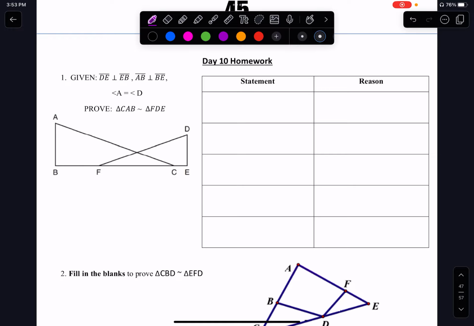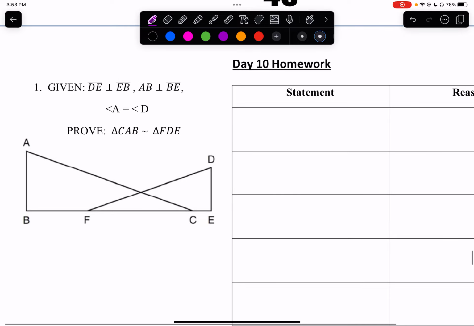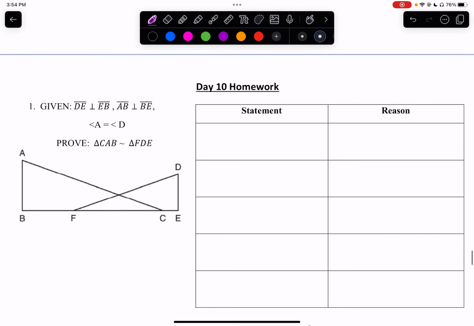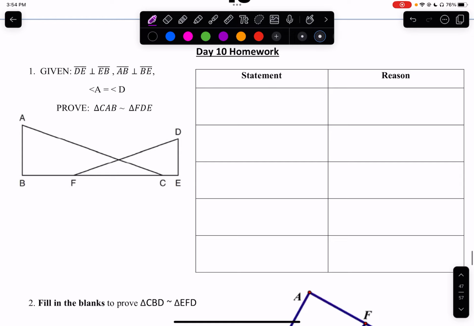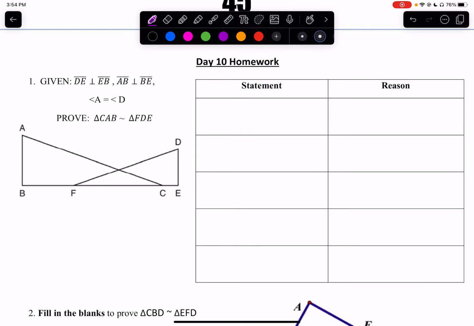Okay, so now looking at your homework, this should look very similar. We're given DE is perpendicular to EB, AB is perpendicular to BE, and angle A is congruent to angle D. So let's label.